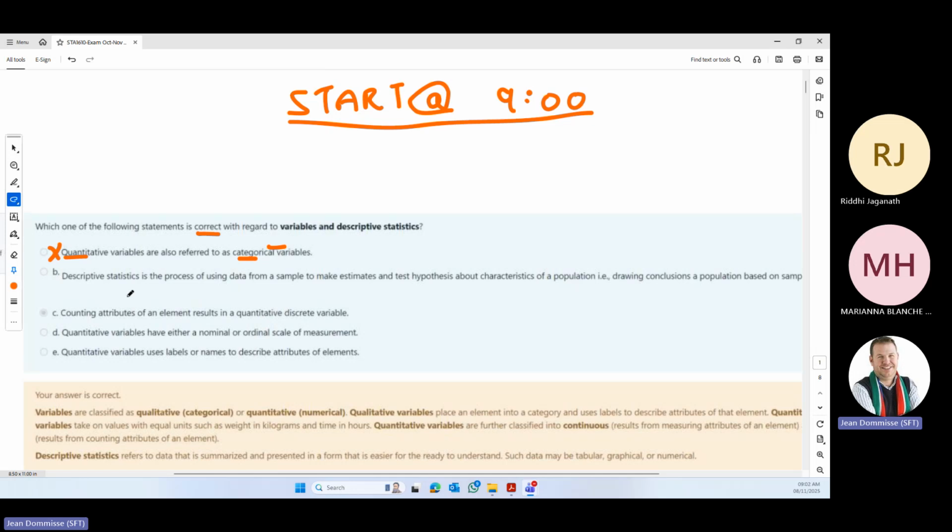Descriptive statistics is the process of using data from a sample to make estimates and test hypotheses about characteristics of a population, like drawing conclusions on a population based on a sample.